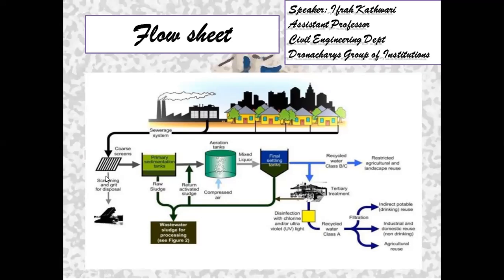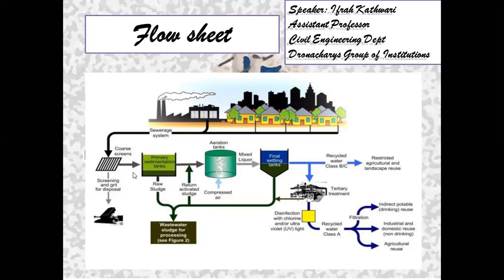In the treatment plant, the first process the wastewater goes through is known as screening, wherein the coarse solids that are larger in size are removed. These screenings, or grit, are removed and disposed of.